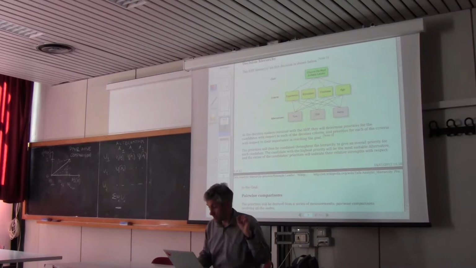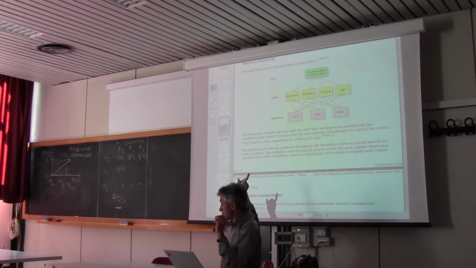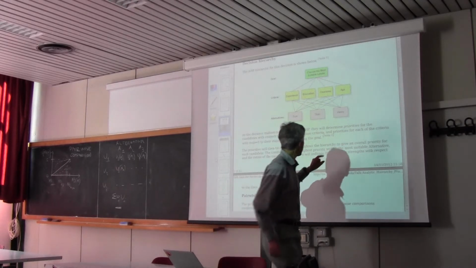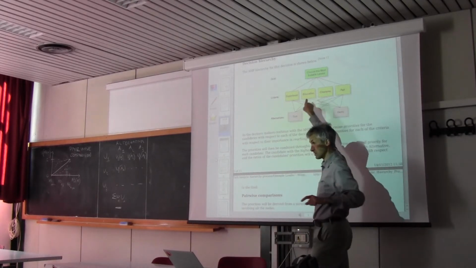In the case of this example, pay attention to this difference with respect to the case that I introduced there. We use the pairwise comparison not just for determining the weights of each criterion.